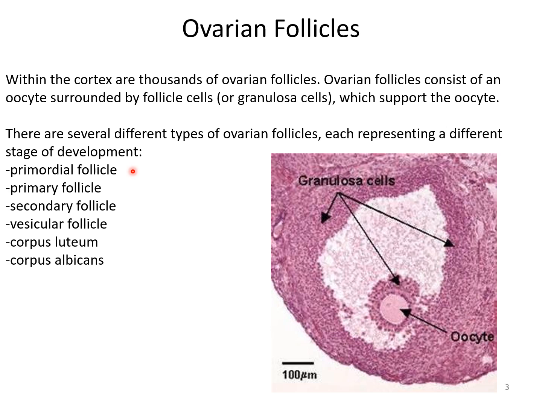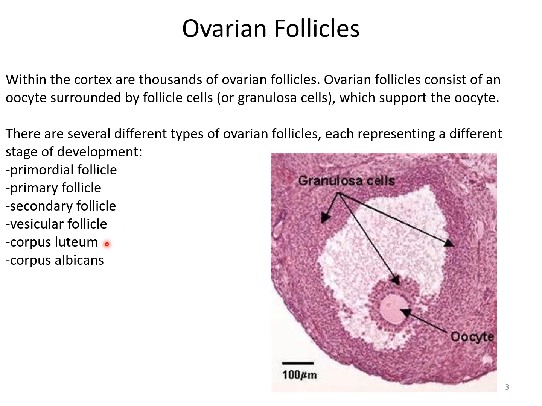And then every month only a few of those primordial follicles will develop into a primary follicle. From the primary follicle, it would develop into a secondary follicle. From there, it goes on to a vesicular follicle. After ovulation, it becomes a corpus luteum.